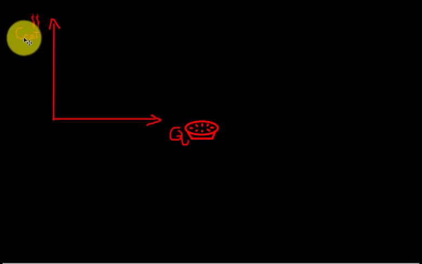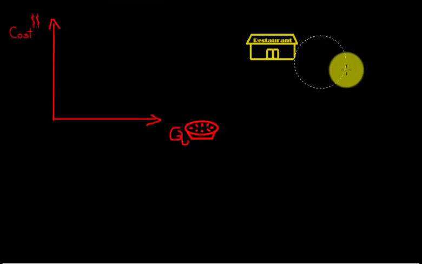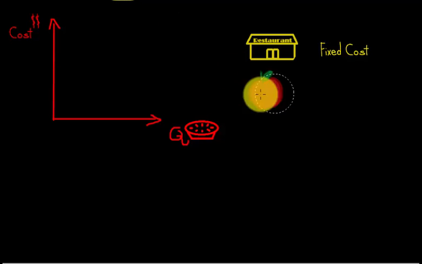So to conclude, we have that the restaurant is fixed cost, and the apples are variable cost.